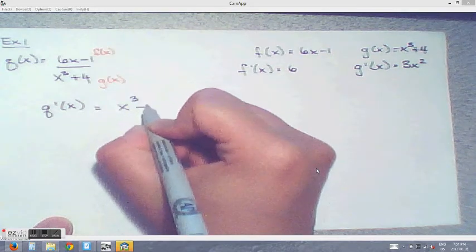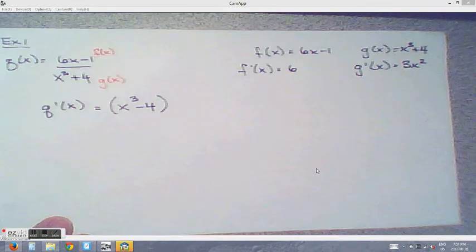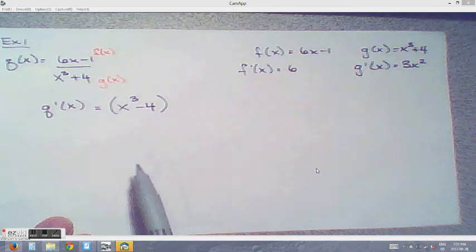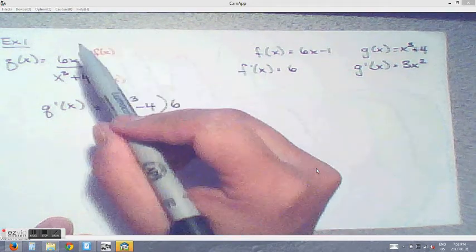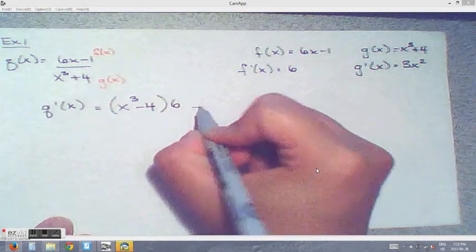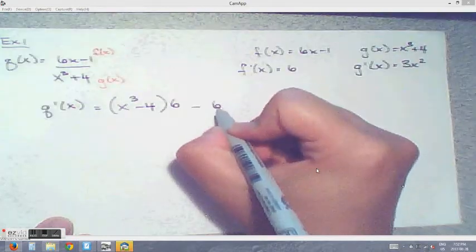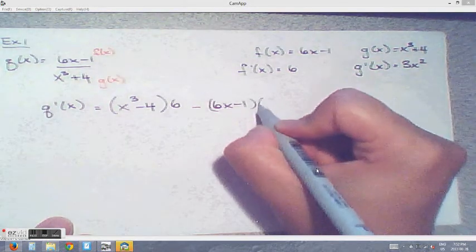There's my low, which is g(x), d high, which is the derivative of the high, or of f(x), which is the numerator, less high, 6x minus 1, d low, 3x squared.